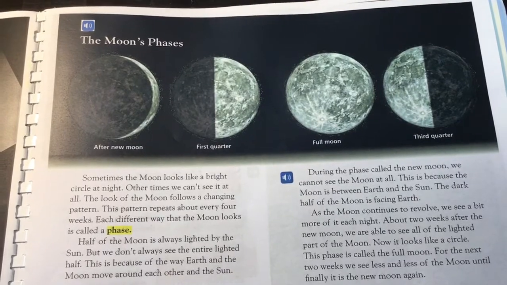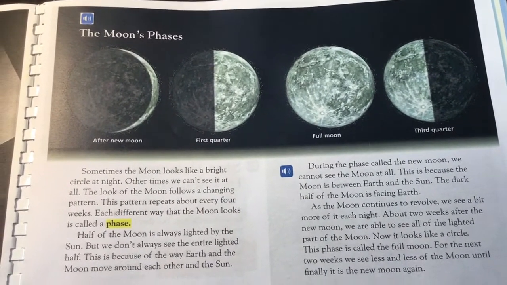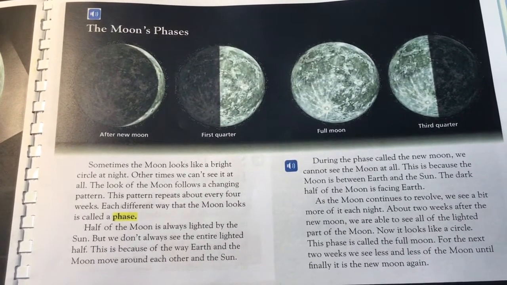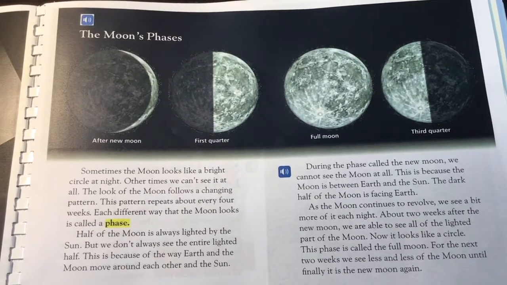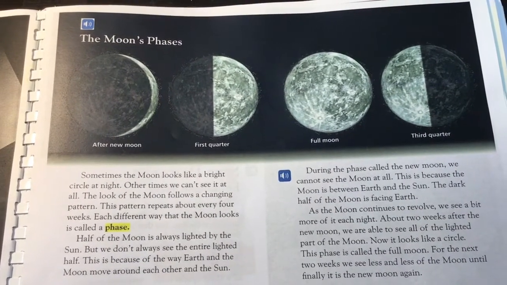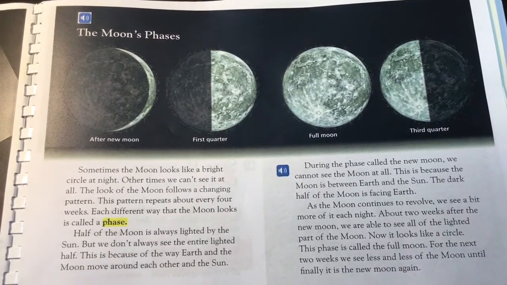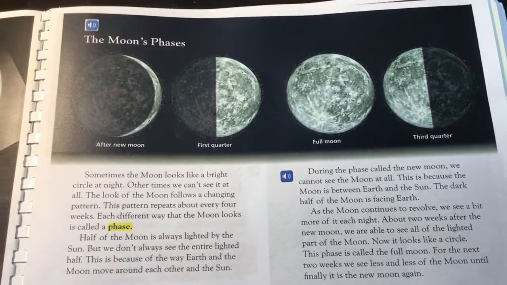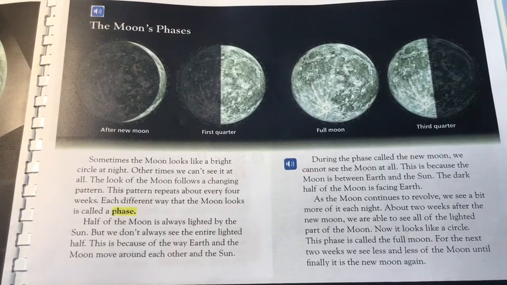About 2 weeks after the new moon, we are able to see all the lighted part of the moon. Now it looks like a circle. This phase is called a full moon. For the next 2 weeks, we see less and less of the moon until finally it is a new moon again.